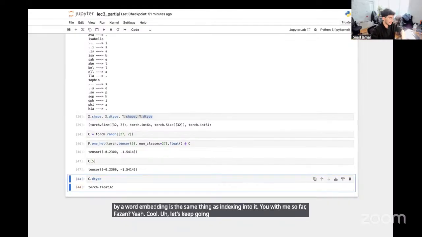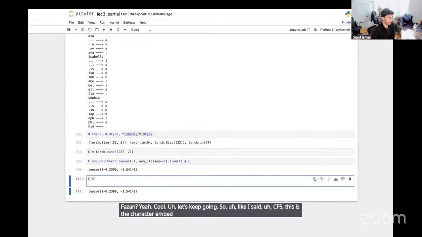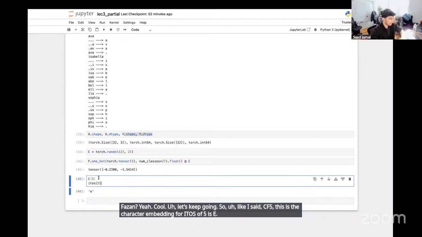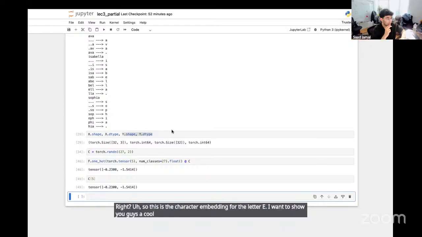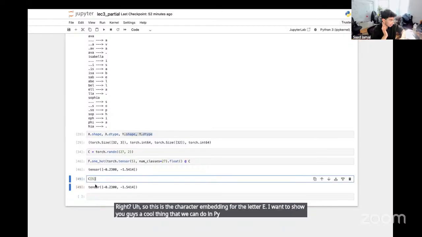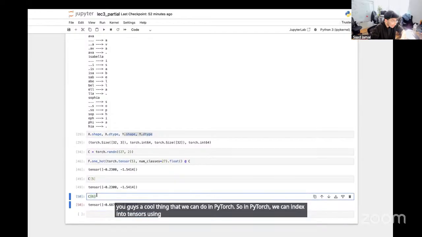So, like I said, C of 5: itos of 5 is E, so this is the character embedding for the letter E. I want to show you a cool thing that we can do in PyTorch. We can index into tensors using indices, and we can actually index multiple indices at a time.